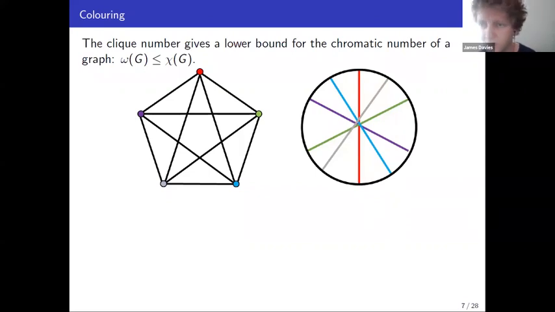One thing with circle graphs is that they have unbounded chromatic number, and this is because if you have a set of pairwise intersecting chords, then they form a clique, and a clique provides a lower bound for the chromatic number because you need to color all the vertices differently.